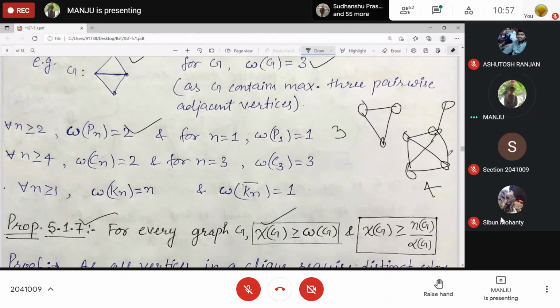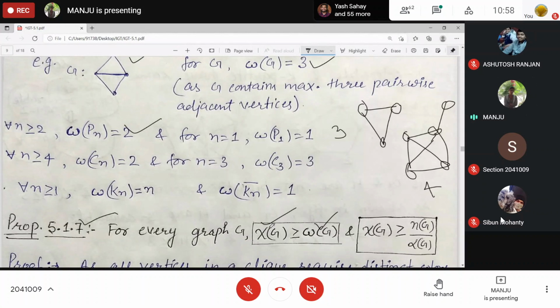So if these are pairwise adjacent, then every vertex needs a different color, for every vertex present in the clique. No vertex of this clique can be colored with the same color. That's why at least that many colors are needed, right?